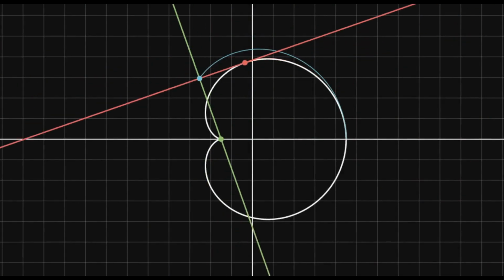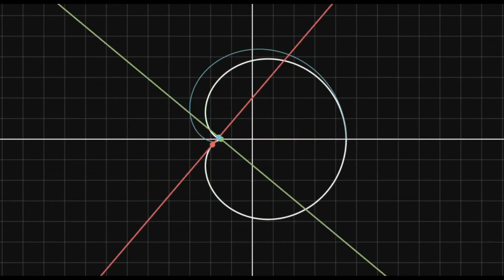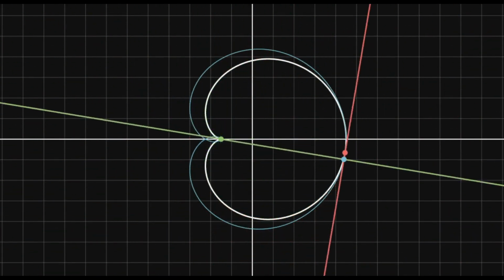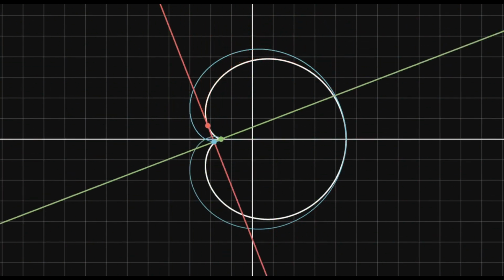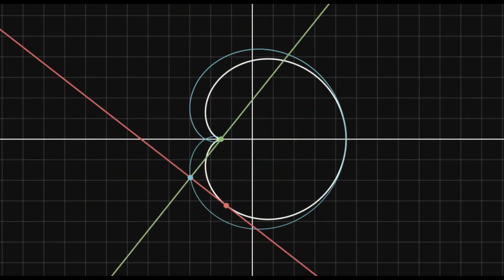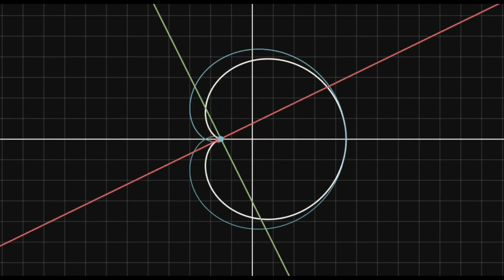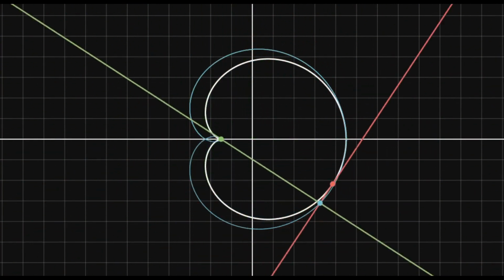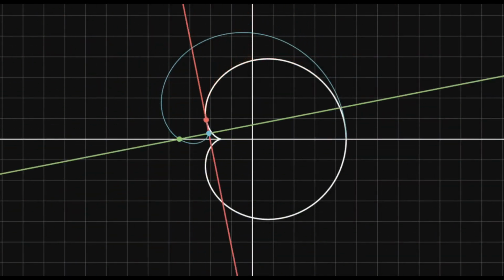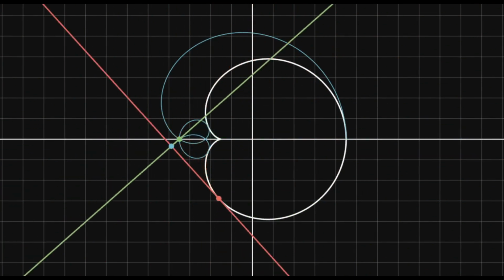Pedal curves of the cardioid are interesting as well. If the pedal point is on the cusp, the pointy part, we obtain a curve called Cayley's sextic. If it's to the left of the cusp, the result is a curve called Freeth's nephroid.